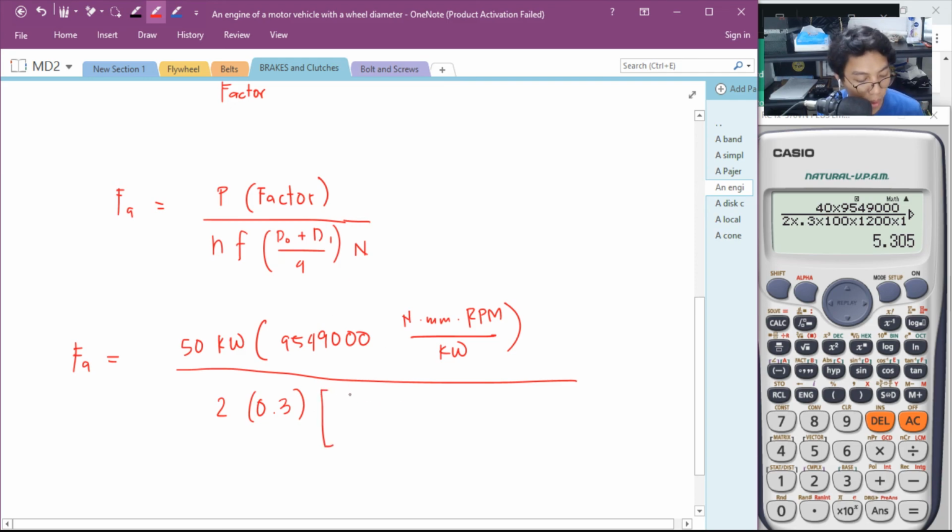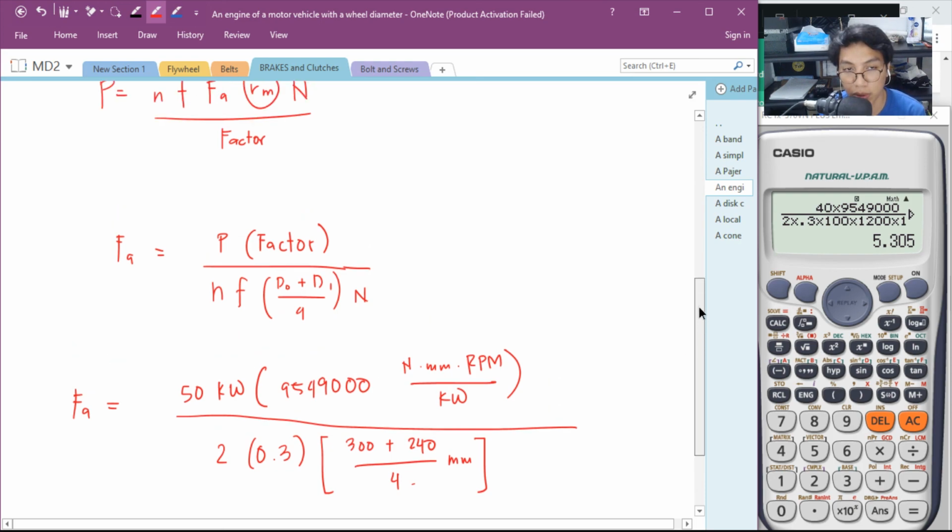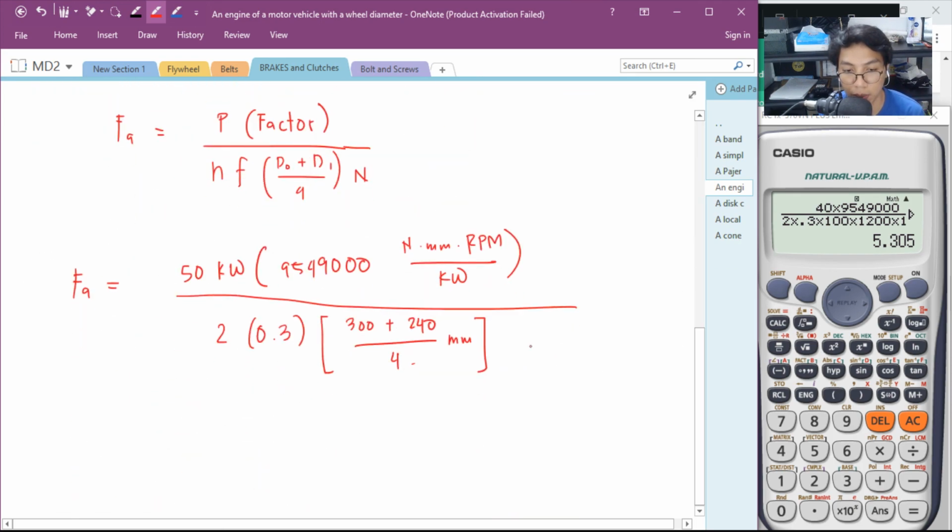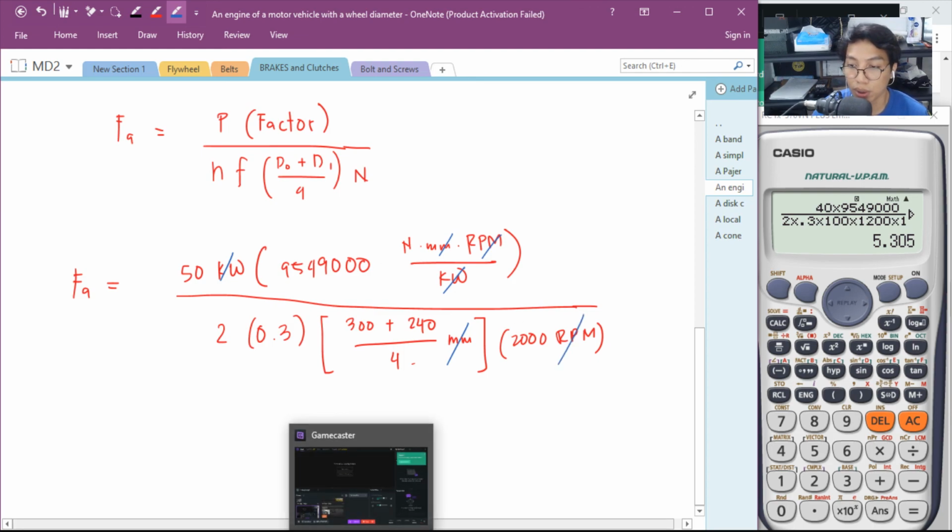That is 300 plus 240 over 4 mm. Yan. And then multiply it with the rotational speed. Ano ba rotational speed yan? That is 2,000 RPM. Cancel natin same units. Kilowatt, kilowatt, millimeter, millimeter, RPM, RPM. Ang natira is newtons.